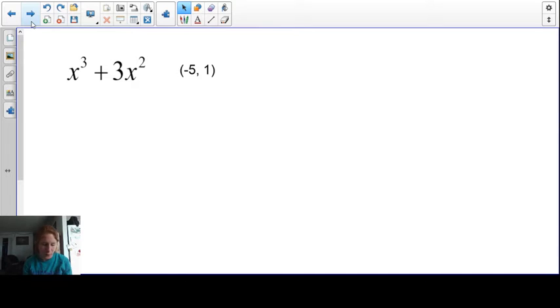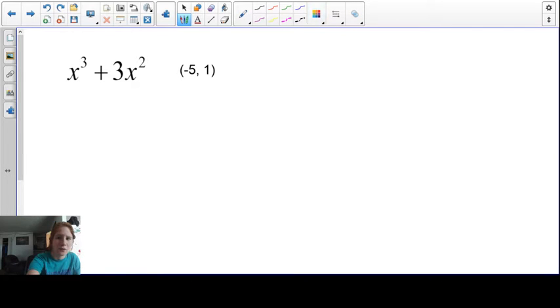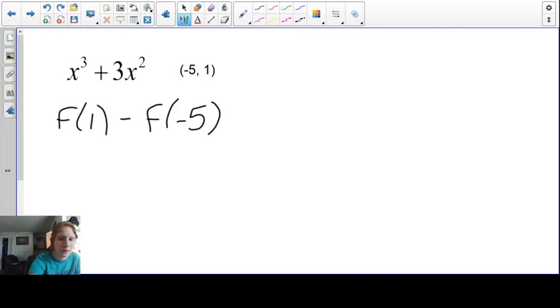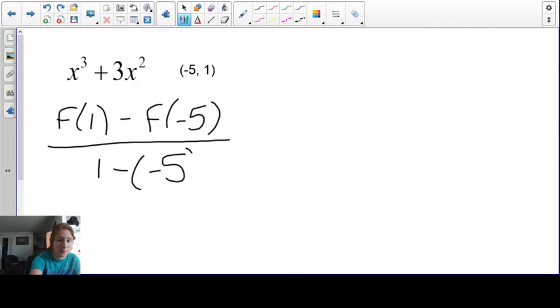So using this next formula, it tells me I take the f of my right endpoint, so in this case, the f of 1. I'm going to subtract that by the f of my left endpoint, which is -5. And I'm going to take that whole thing divided by my values. So in this case, 1 minus my -5. So it kind of goes in the same order. The top is when you plug it in, the bottom is just the numbers.